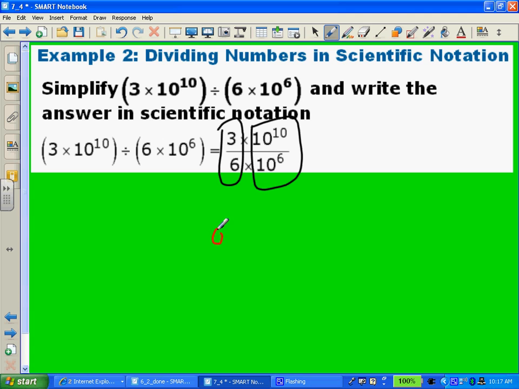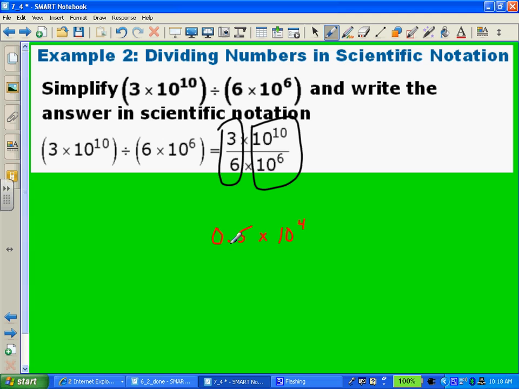So 3 divided by 6 is going to be 0.5. And then 10 to the 10th over 10 to the 6th would be 10 to the 10 minus 6, which would be 10 to the 4th.